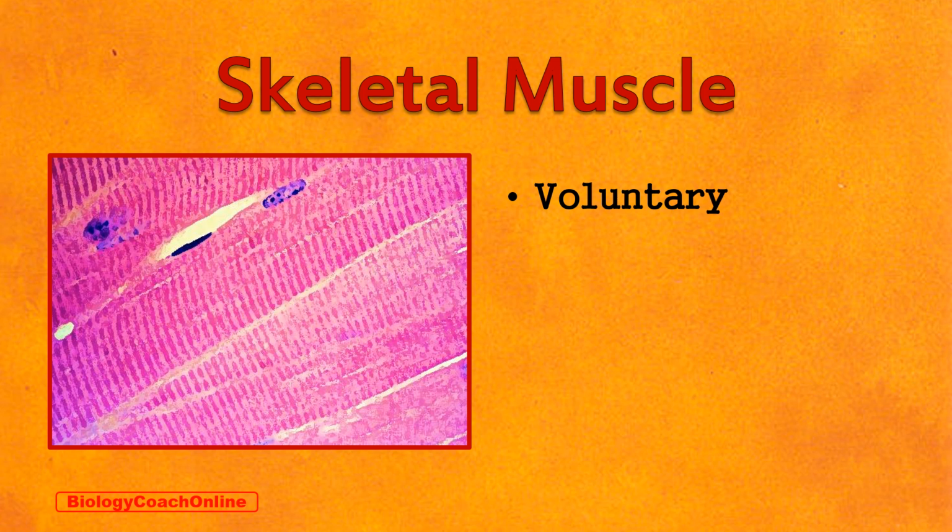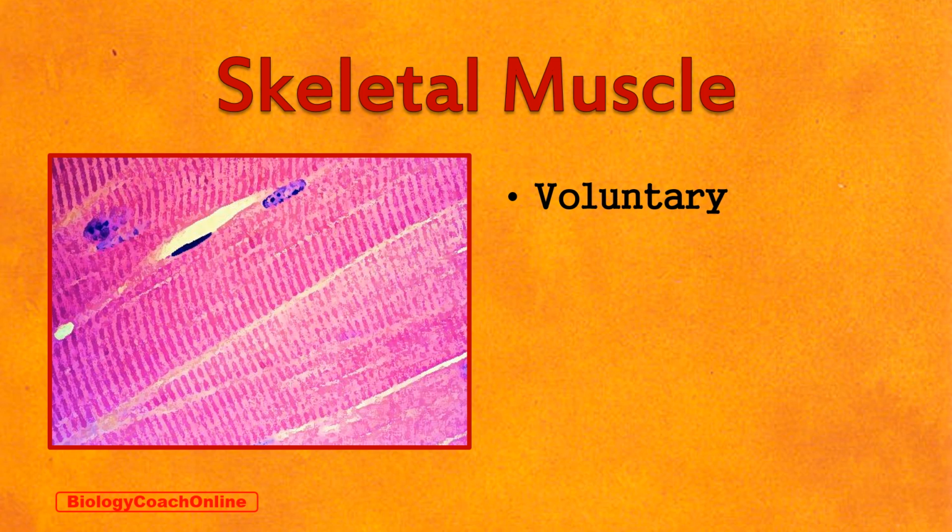So here's the caveat with regard to skeletal muscle. Often you may not be aware that you are controlling skeletal muscle, but it is voluntary. For example, when you walk, you put one foot in front of the other. You're not consciously thinking about that, you just walk. But walking is completely under your control. You either choose to walk or you choose not to walk. Now, by contrast, the heart, remember that cardiac muscle is involuntary, beats on its own.